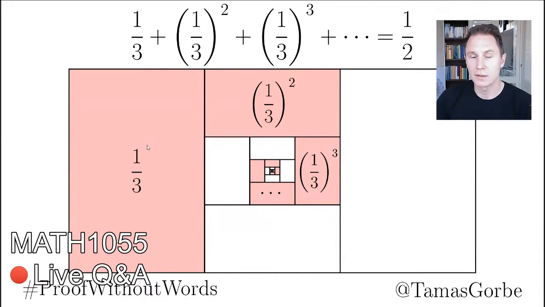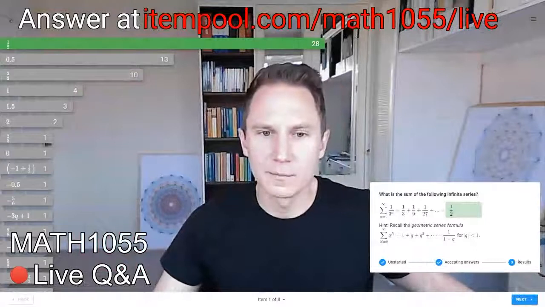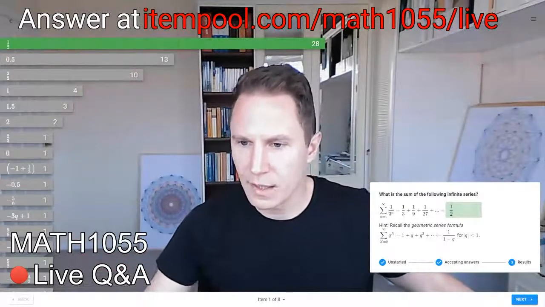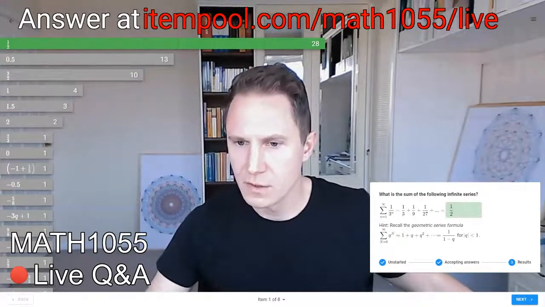So the pink spiral must make half of the area of the big rectangle. So that's just the visual representation. It's not an actual proof. It's just something that illustrates this fact. Okay, so let's move on, if that's all right. You can still ask your questions in the chat if you want.